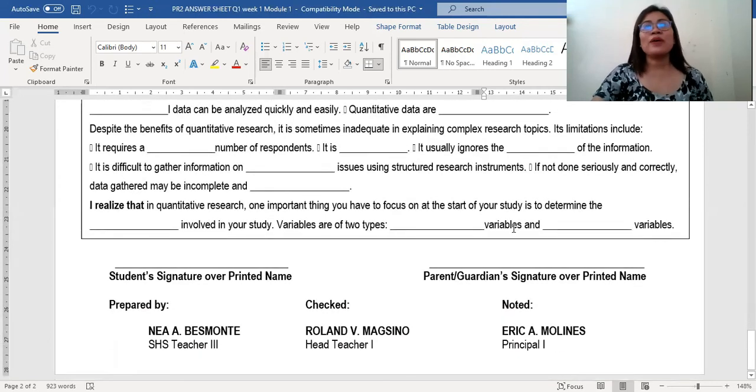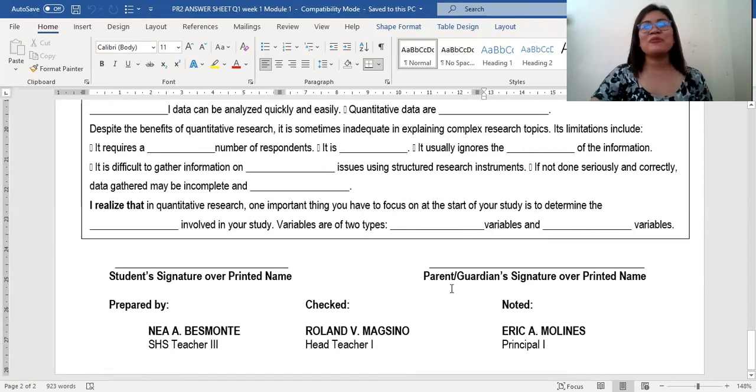All right. So when you're done with that, please write your name and signature on this part and your parent or guardian's signature on this part. This would tell me that you have complied and completed your answer sheet or activity sheet for the week, and your parents were able to see them and check them for me.